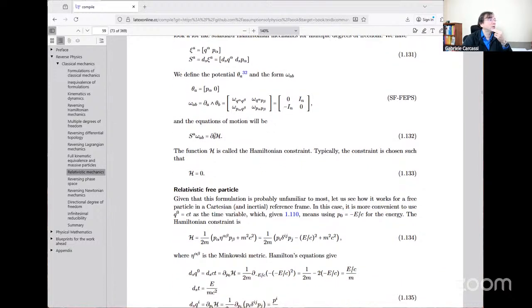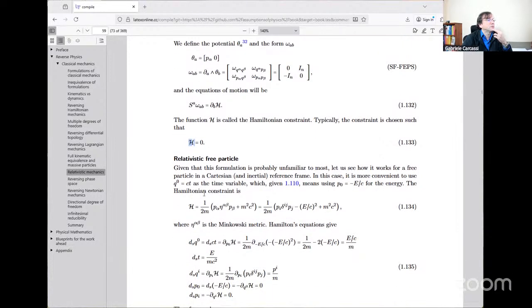And what we found is that the analog of the Hamiltonian is now called the Hamiltonian constraint, because it's not just something that sets an initial condition that then is conserved. It's really something that has to be equal for all states, and typically one would just set the Hamiltonian constraint so that it goes to zero.